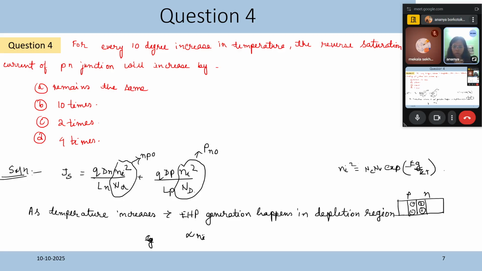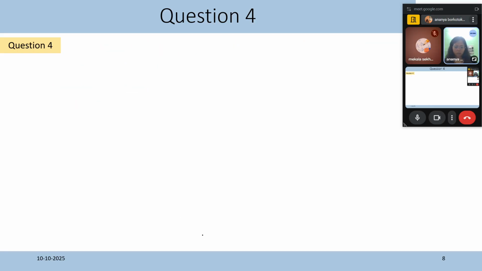Now we will see, this is the same question, right? In the Ni term, we have this Nc/Nv exponential of minus Eg by kT. So this is for Ni square.